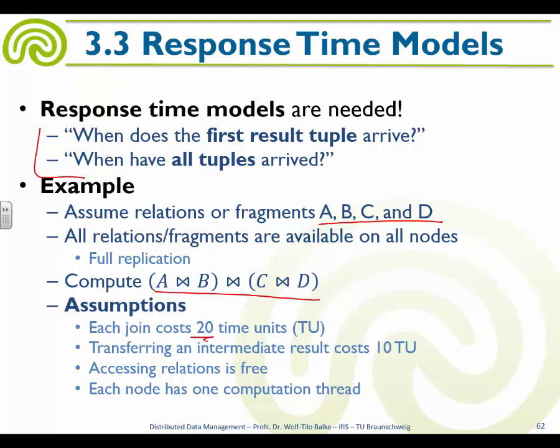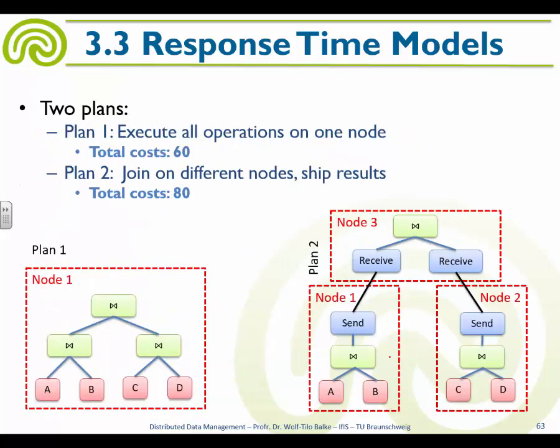And we assume that each join costs 20 time units, and transferring an intermediate result costs 10 time units. Accessing the relation, we have indexed them all, so that's basically free. And each node can do 1 computation at a time. Let's look at it. We might have 2 plans.